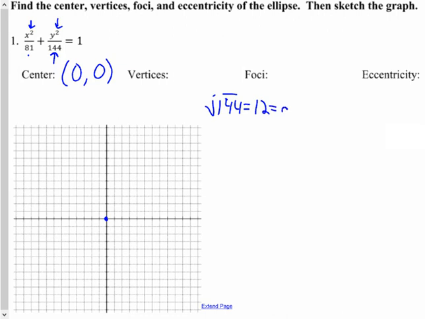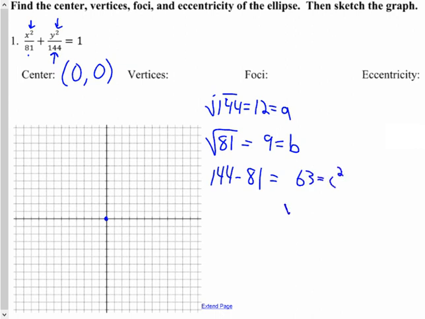That is our a value, and then the square root of 81, 9, is our b value, and c is inside, so we're subtracting. 144 minus 81 gives us 63, and that is c squared, so then the square root of 63 is c. Now it's more important to know about where that number is.